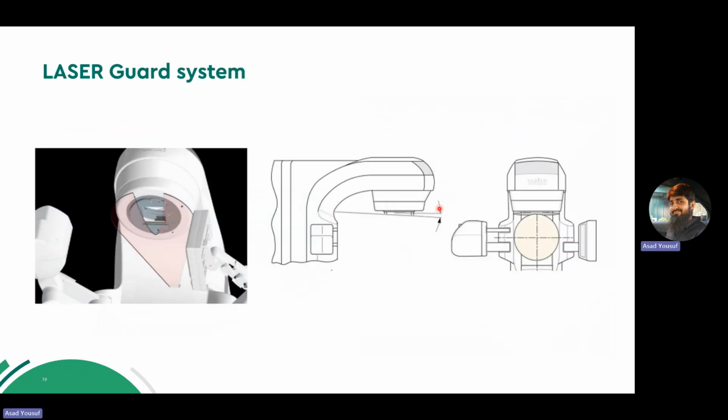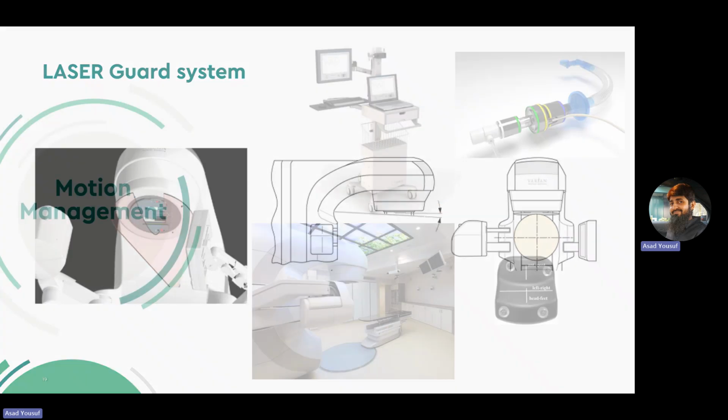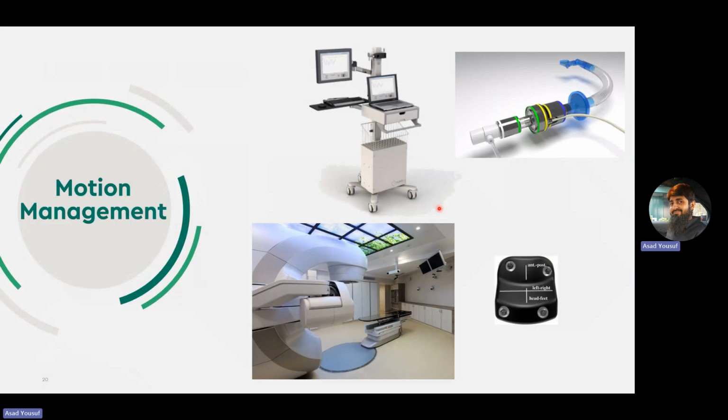Laser guard systems are provided on Varian as a guard system, while a manual detection system is on Elekta. Motion management. Elekta gives the ABC option, ABC, active breathing controller.